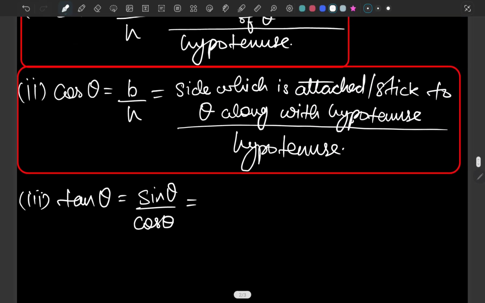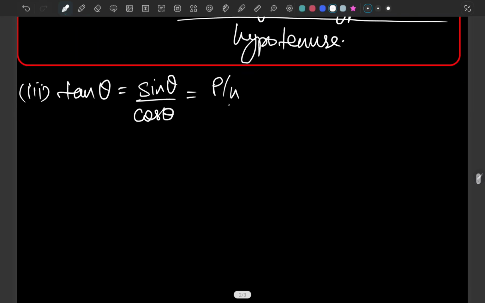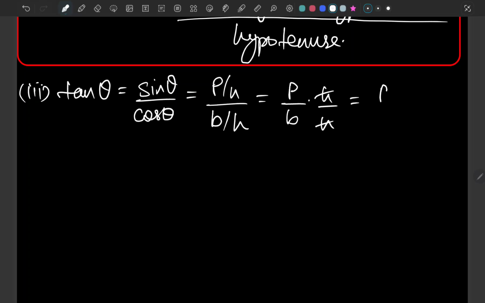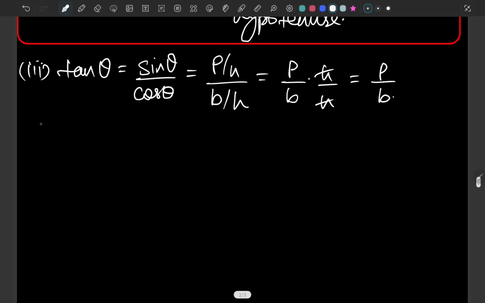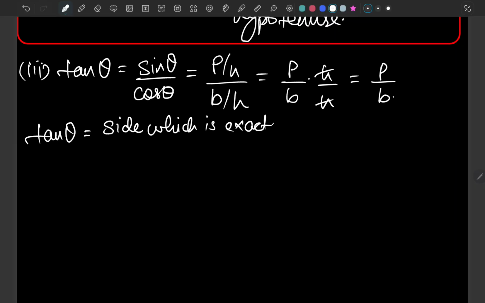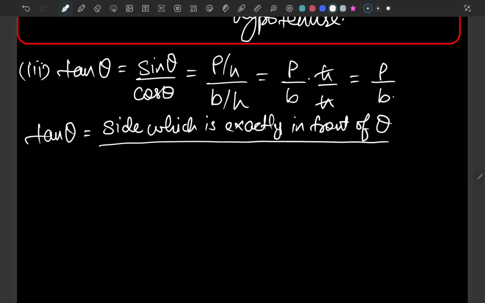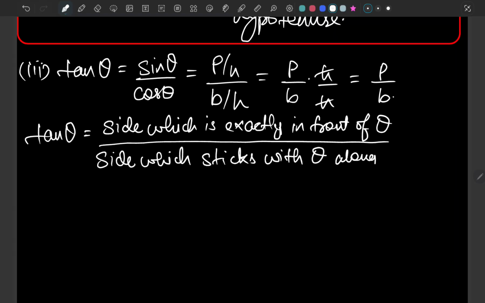We had sine theta as P over H over B over H, so it's P over B times H over H, which comes out to be P over B. You can also say it's the side exactly in front of theta over the side which sticks with theta along with the hypotenuse.